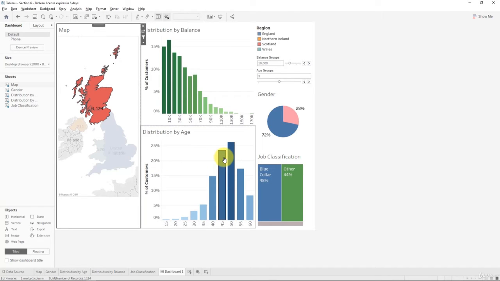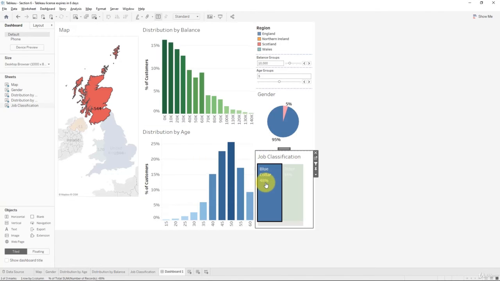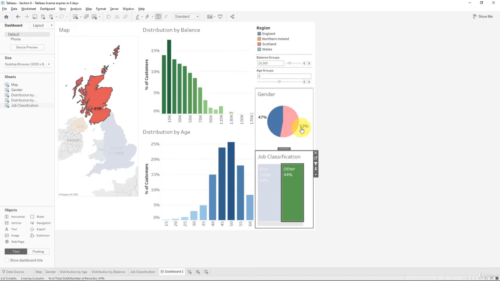So what this is telling us is that when you're servicing this region and creating promotions and different campaigns for it, you have to aim for a much older demographic, predominantly male, and more in the blue collar space. If I click on blue collar, you'll see that 95% of the blue collar workers in this region are male. And if I click on other, you'll see a different picture, more female.